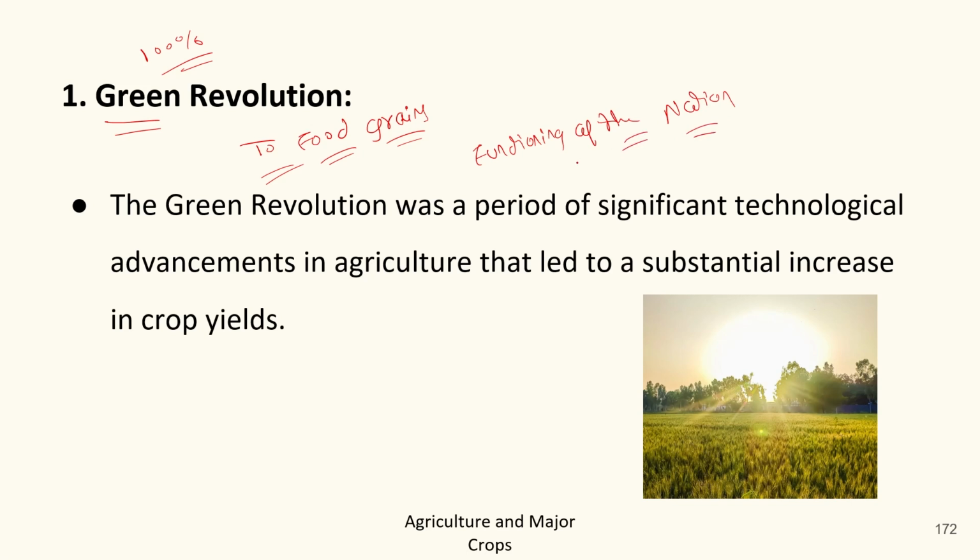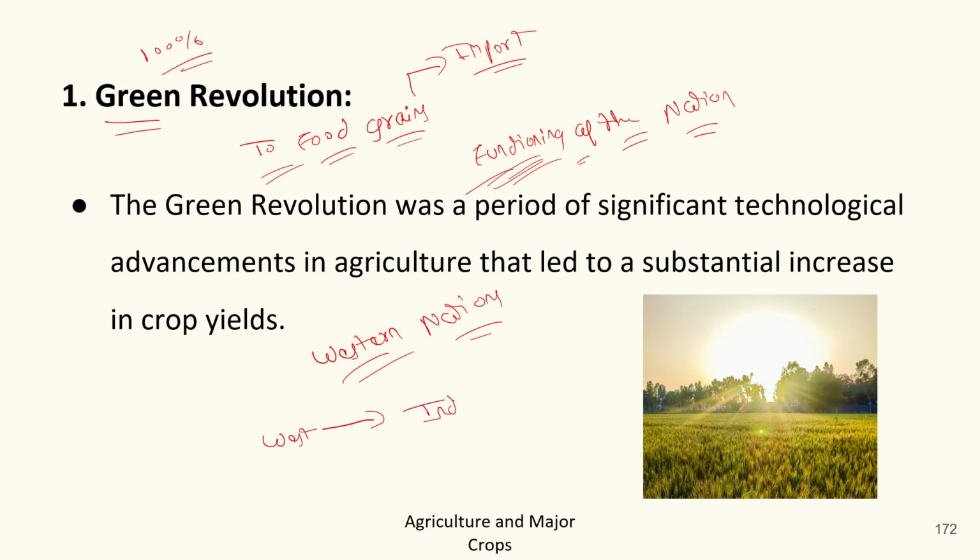When people have their food, they will do their work. Without food, no work. So the Indian government started to import food grains, mainly coming from the Western nations. From the West, we were importing food grains into India.